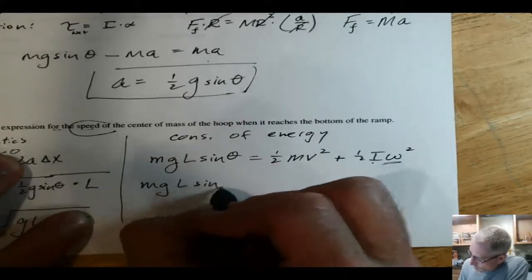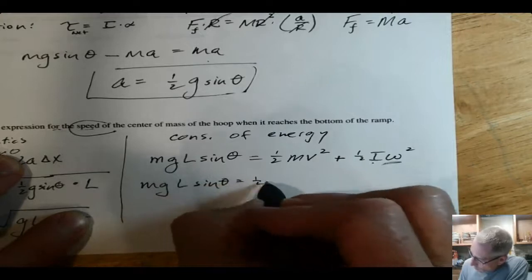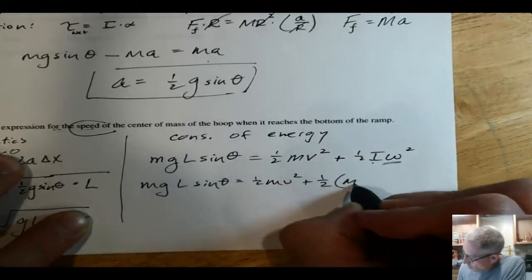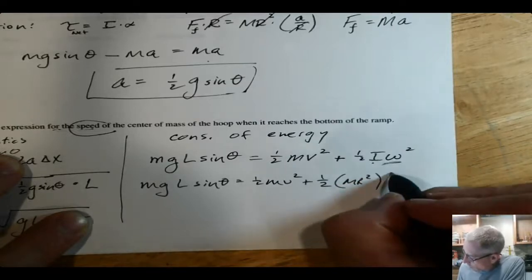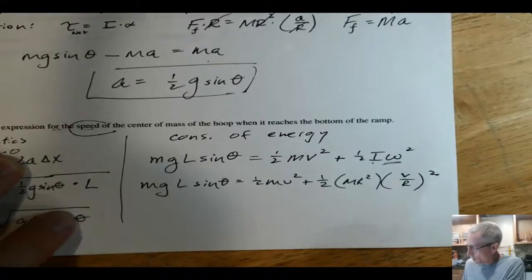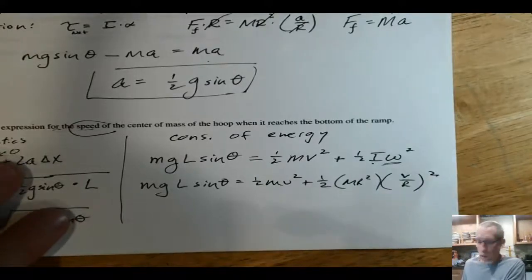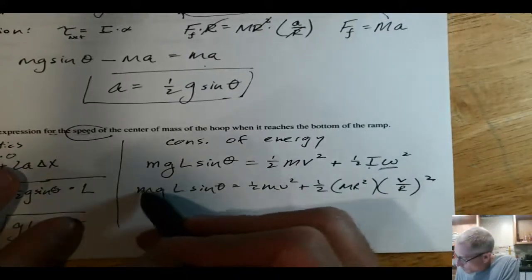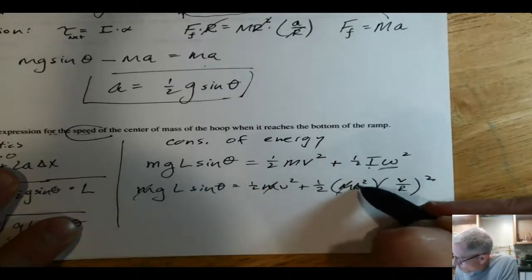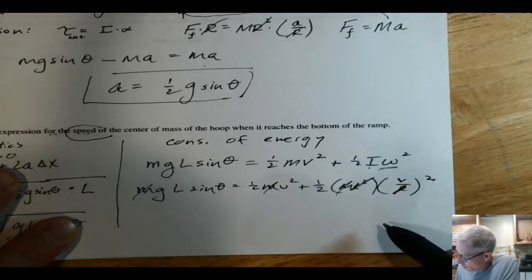mg L sine theta equals 1/2 mv squared plus 1/2 now mr squared for I and v over r squared for omega squared. Now we can start canceling a bunch of stuff. The m's go away, and the r squared and this r squared go away.